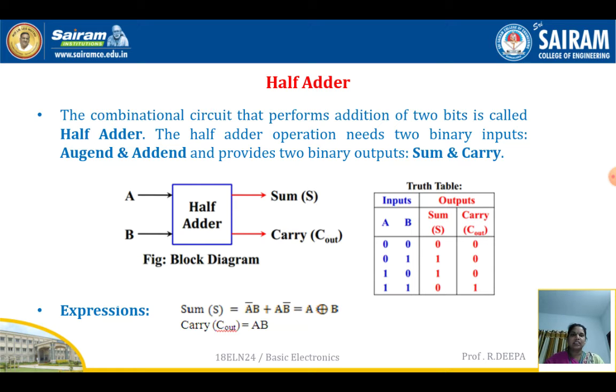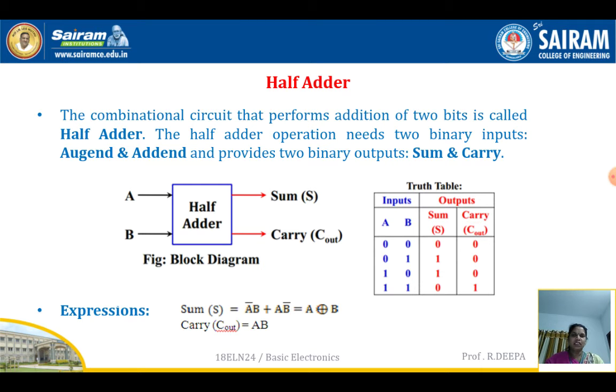On the right side, we have given the truth table. We'll take the inputs A and B. The various combinations of A and B are 0 0, 0 1, 1 0 and 1 1. Let us add A and B and find out the sum and carry.